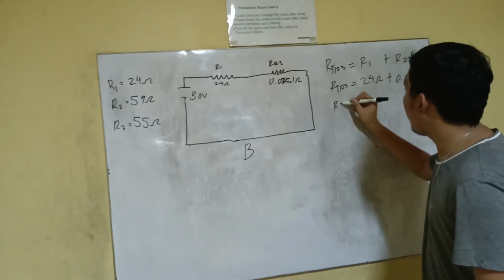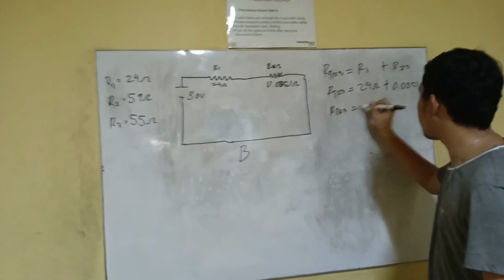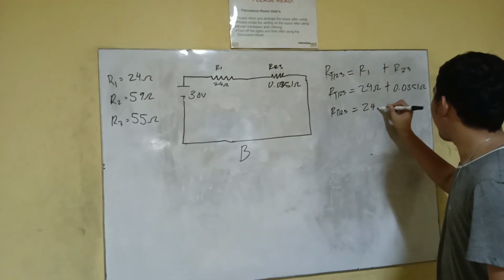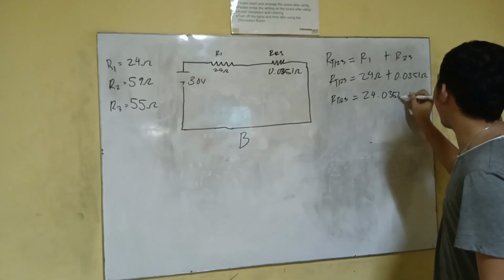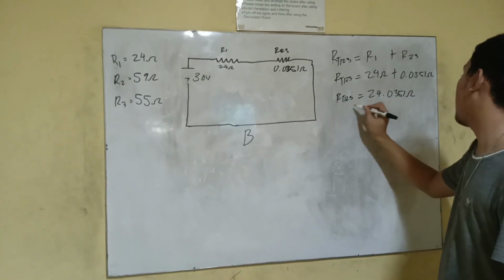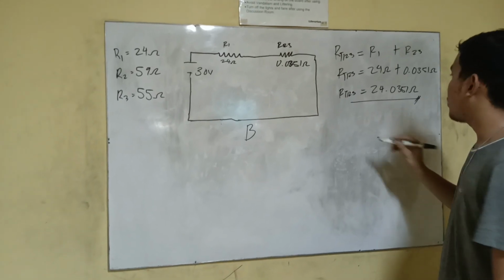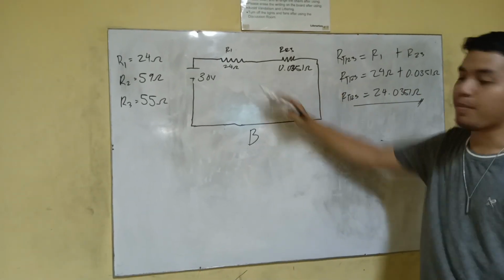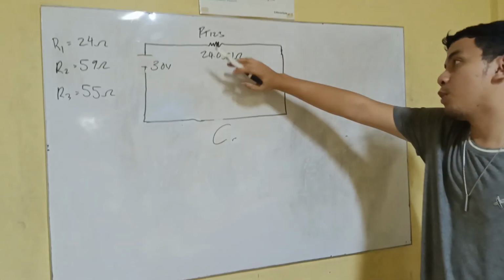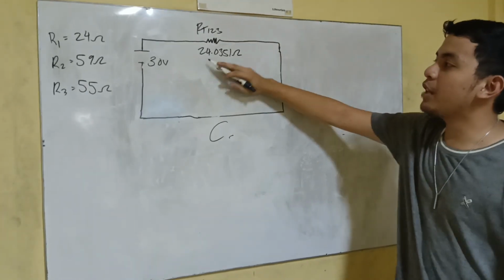So our R total 1, 2, 3 is 24.0351 ohms. This is our total ohms on this problem.